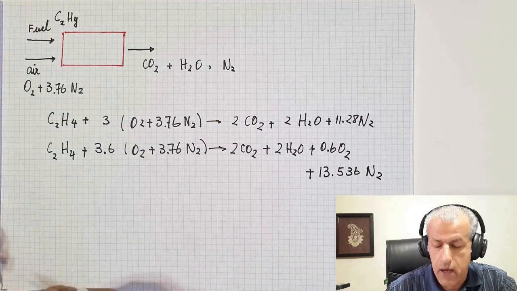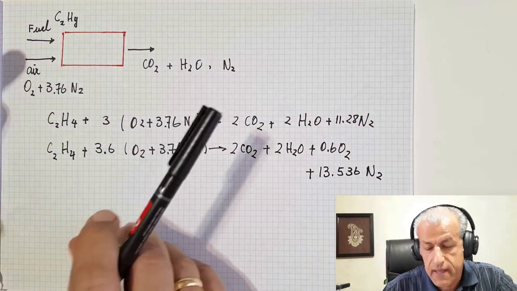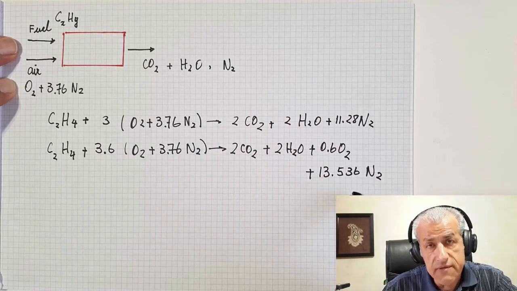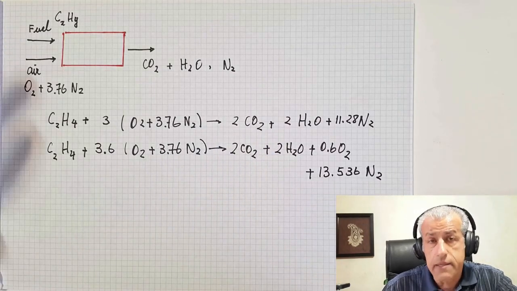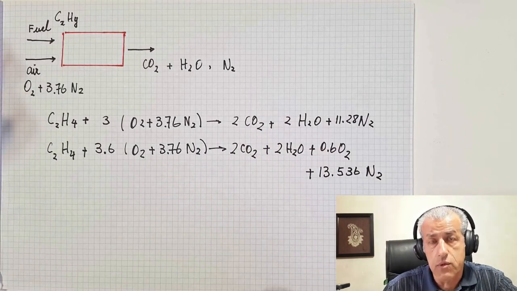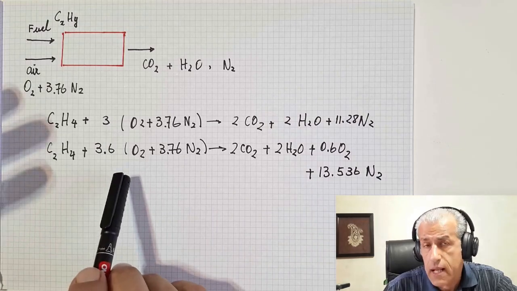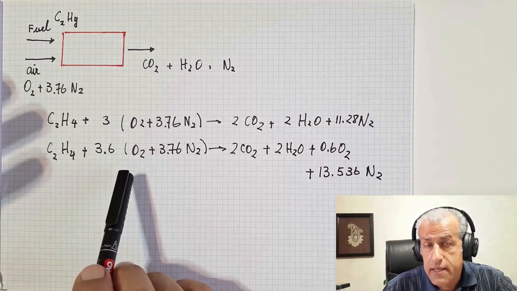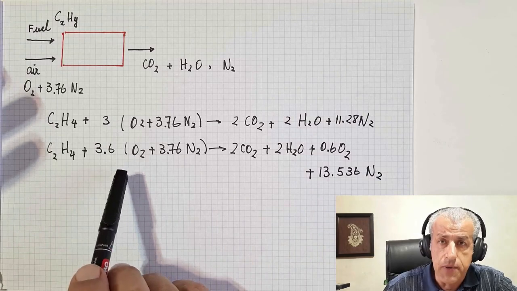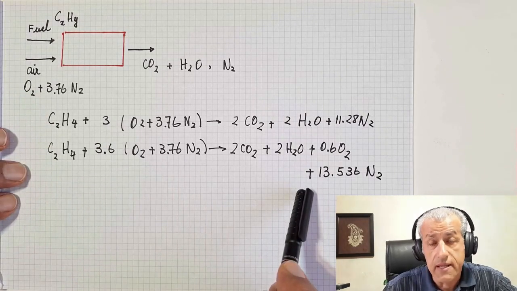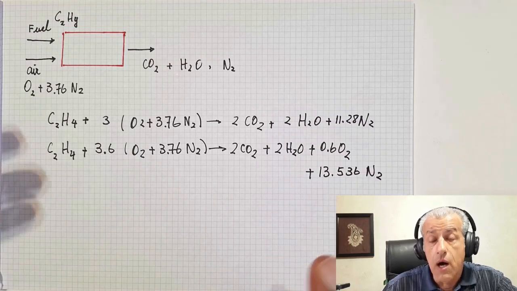So now we know whatever enters our control volume and whatever leaves our control volume, and the problem that we want to solve is to see how to calculate the enthalpy and the entropy of whatever enters our control volume and whatever leaves our control volume on the same basis.